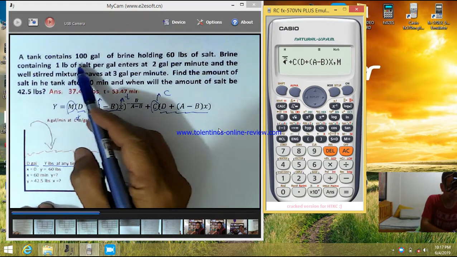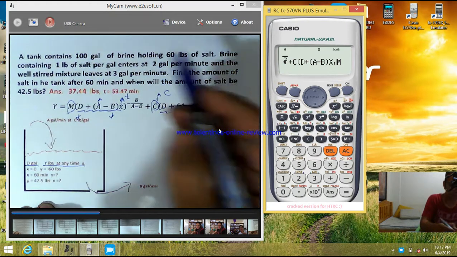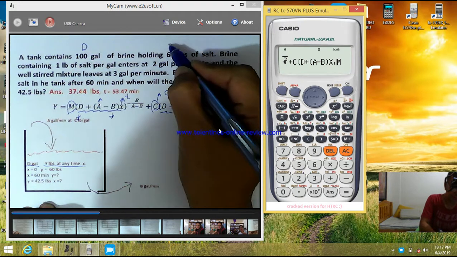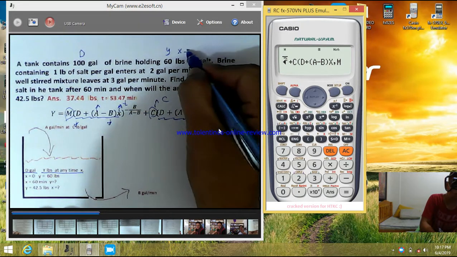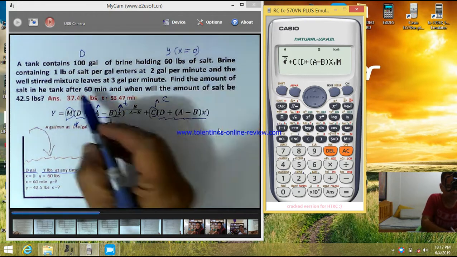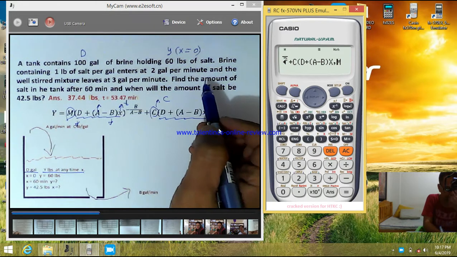A tank contains 100 gallons of brine holding 60 pounds of salt. So this is our D, and this is our Y, when X is equal to 0. Our X is the time. Brine containing 1 pound of salt per gallon enters at 2 gallons per minute.